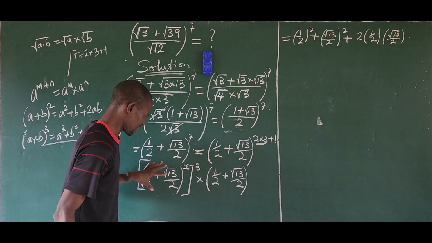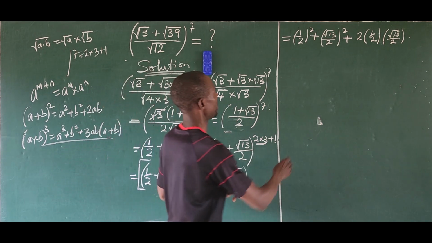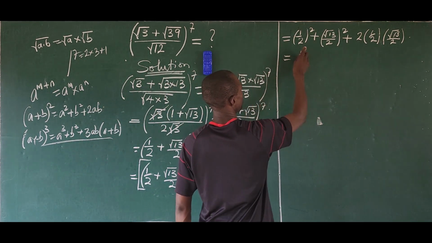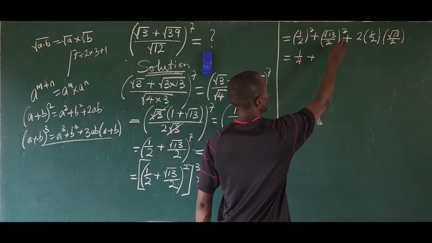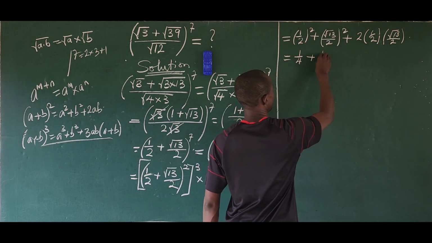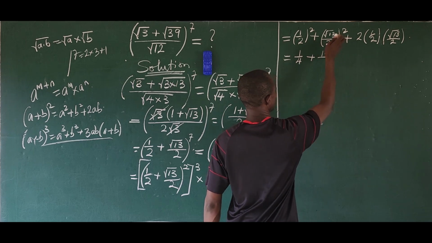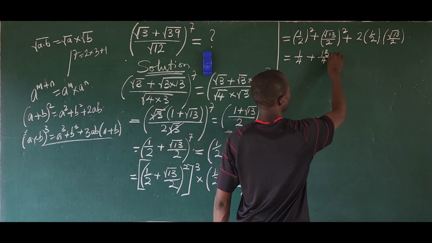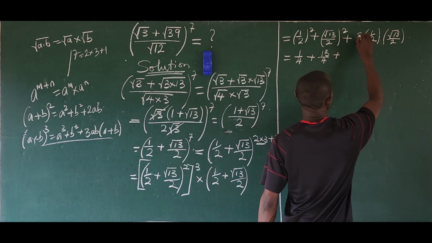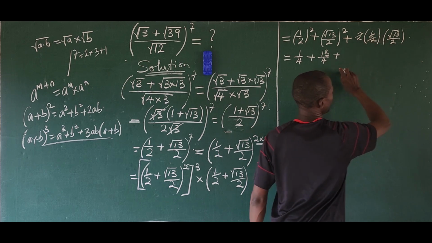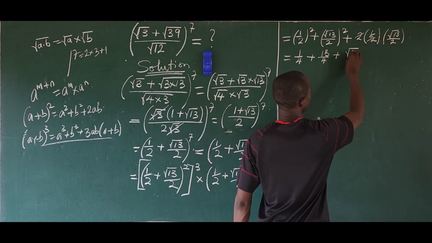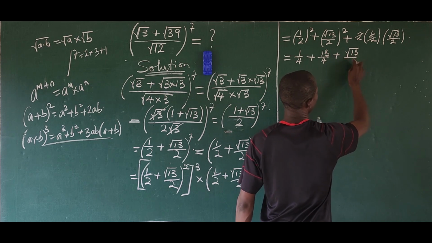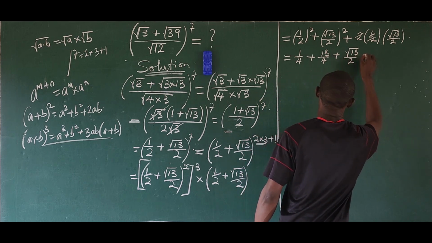So look at the one we are treating first, this inner one. All right, so this will now give us 1 all over 4, then plus, we cancel out this, so we are left with 13 all over 4, then plus this 2 here, we go with this 2 here. So here we are left with root 13 all over 2.